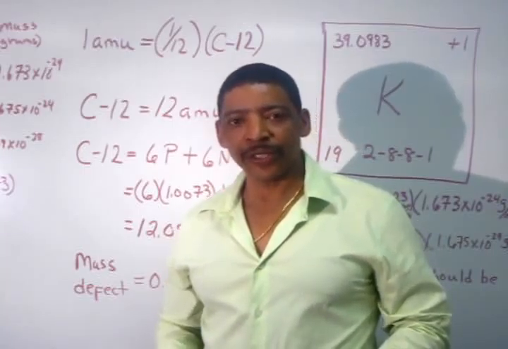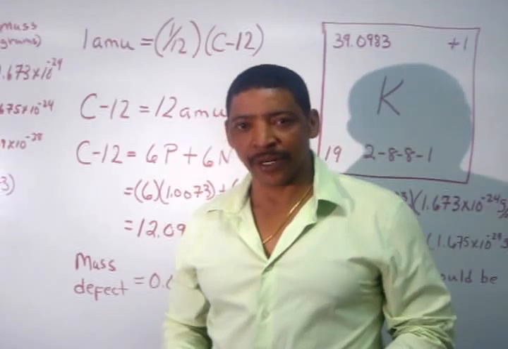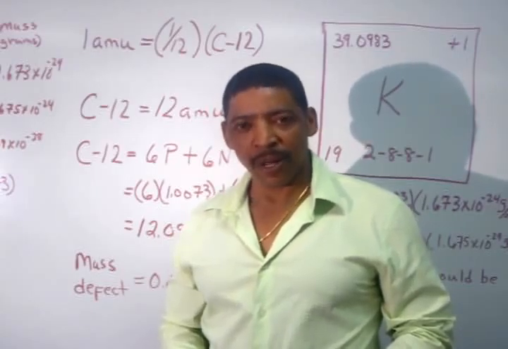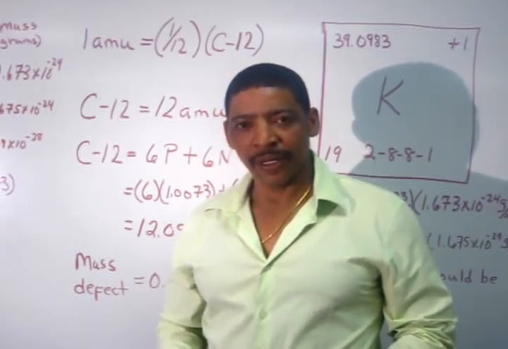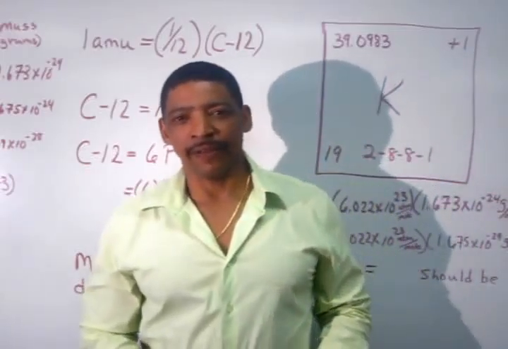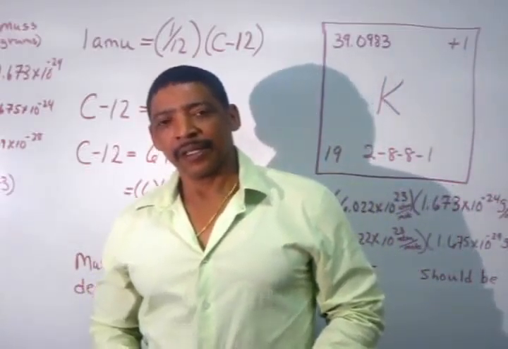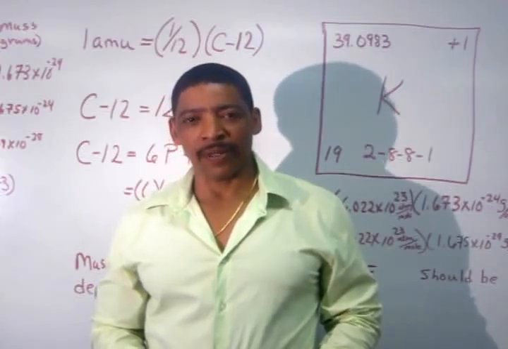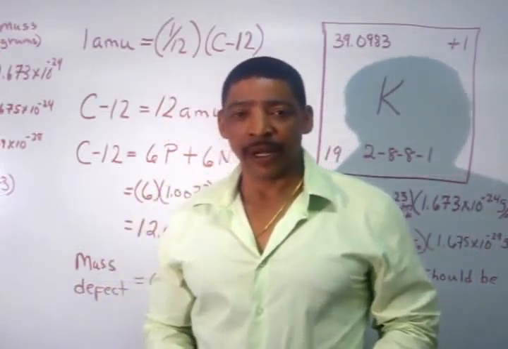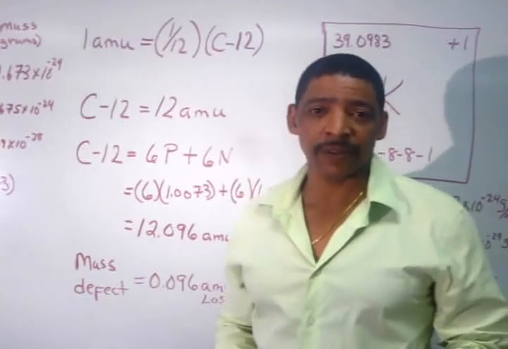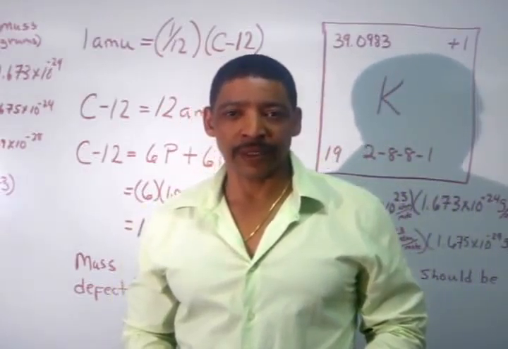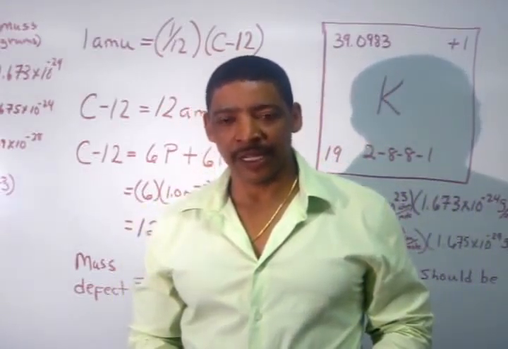Unfortunately, the use of atomic mass units, or AMU, is problematic in terms of the actual masses of the various isotopes. Consider the isotope of carbon-12, where the mass of carbon-12 is known to be 12.000 AMU.